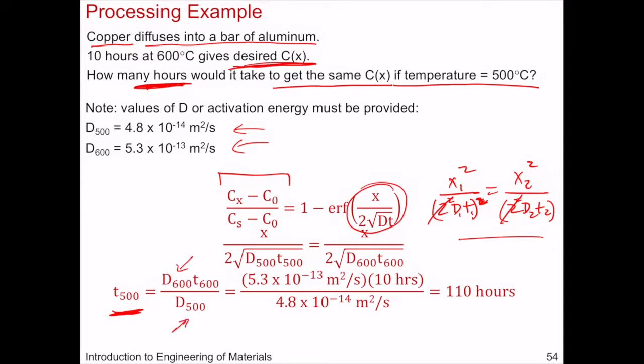And we can see that the new time that it's going to take is 110 hours at the lower temperature of 500 degrees Celsius. So you see what a remarkable difference in time it takes for copper to diffuse through aluminum when you just decrease the operating temperature by 100 degrees. Here it took 10 hours, and by going down 100 degrees, it's now taking you 11 times as long, or 110 hours.